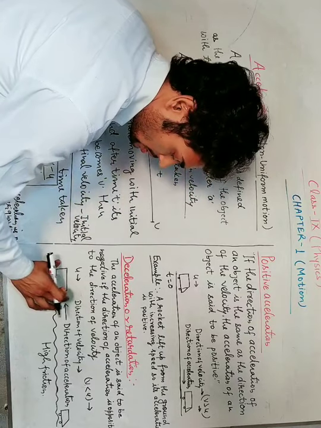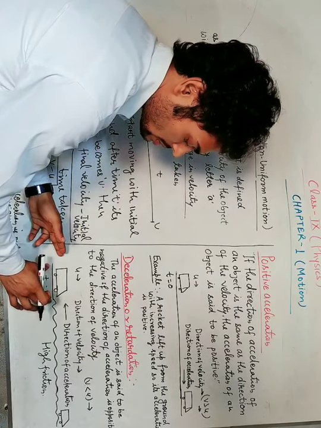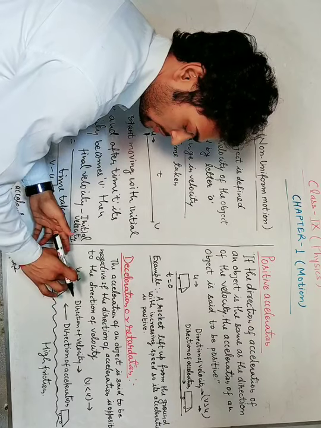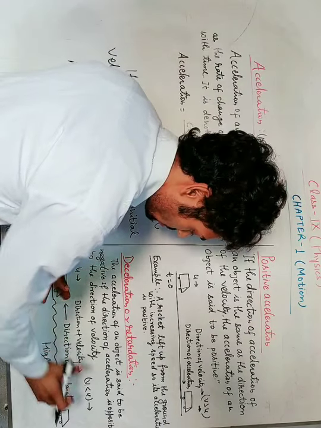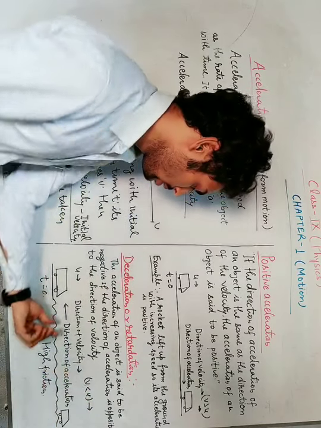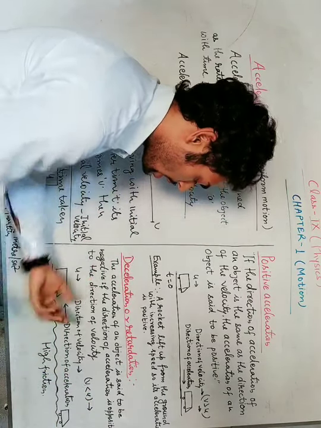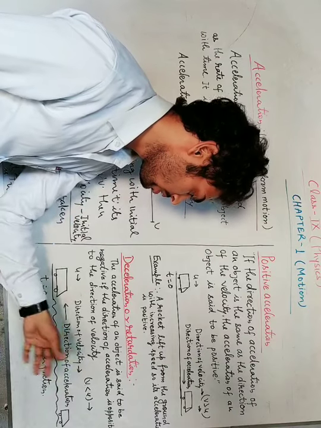Let us understand with this example. We have a car which is moving on a plane surface with initial velocity u, and after time t its final velocity v, and then it moves on a highly frictional or rough surface.